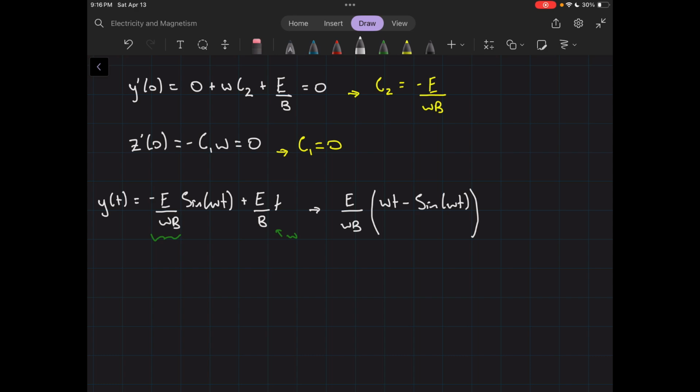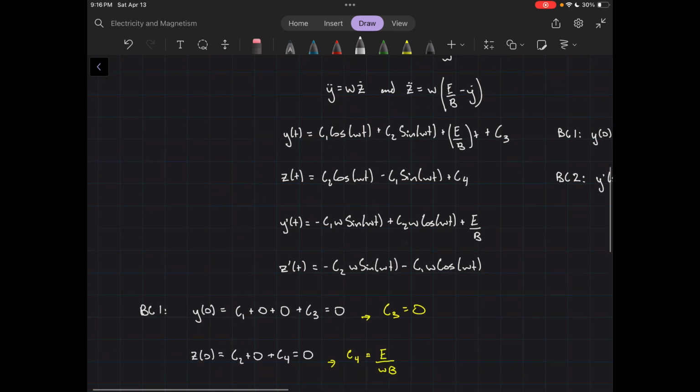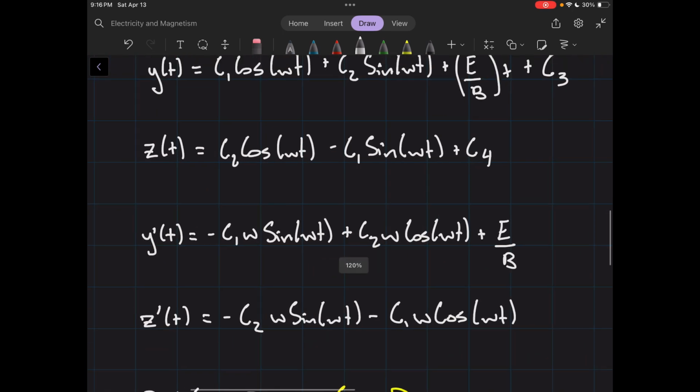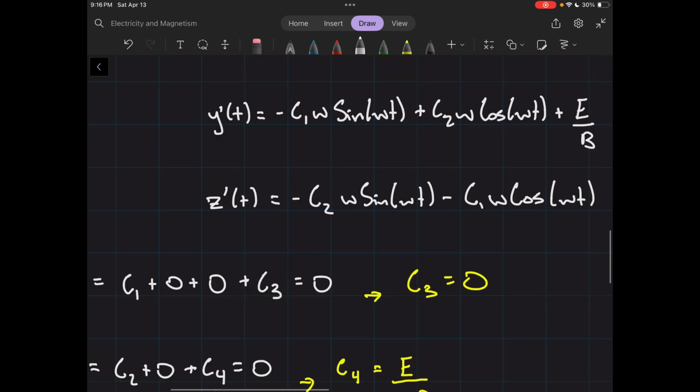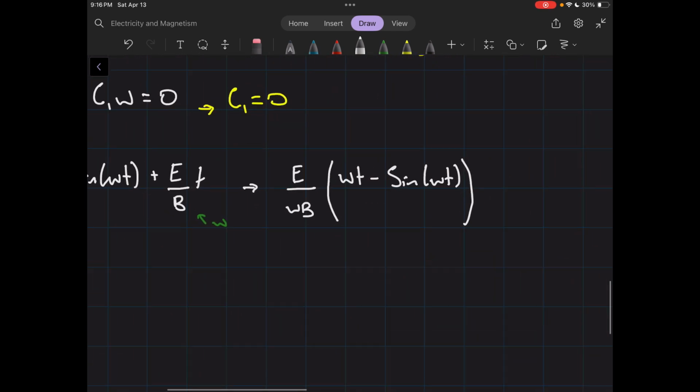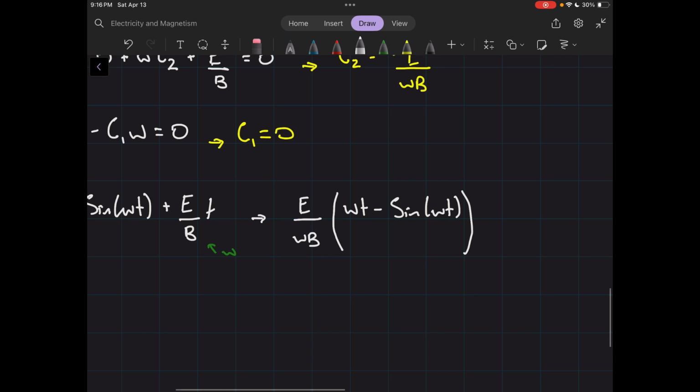Oh, actually, a good little reminder that tripped me up earlier: when you're taking the time derivatives, always remember your chain rule, and that's why you pull this omega out front. Because if you don't do that, then this section won't work.